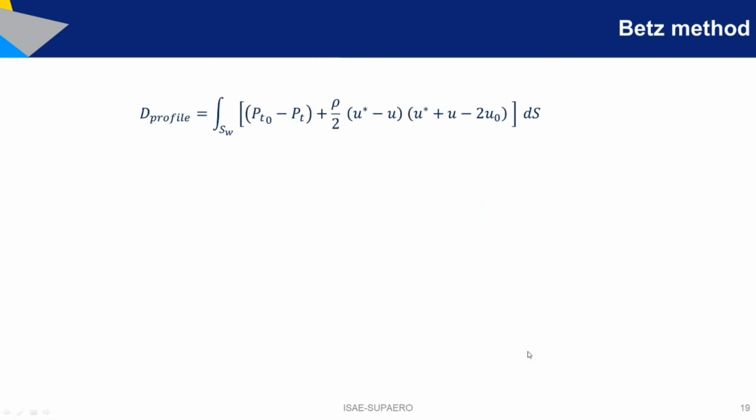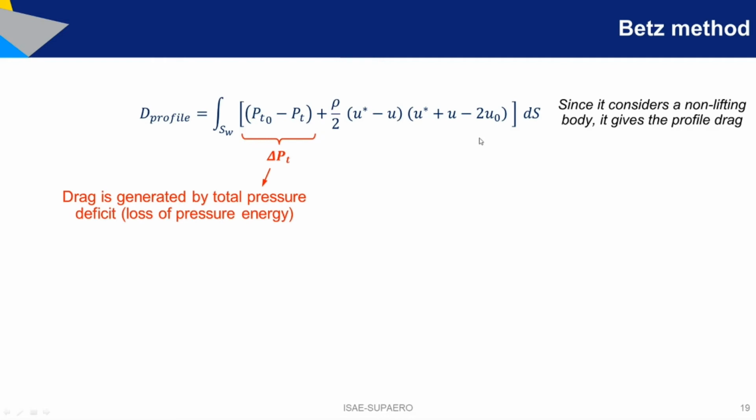So this is the expression that we developed before. This is the profile drag, and as I said before, it is the integral of the total pressure deficit and the kinetic energy associated to the velocity deficit. So we have this total pressure deficit term here, and that, as you know, is related to the loss of pressure energy inside the boundary layer.